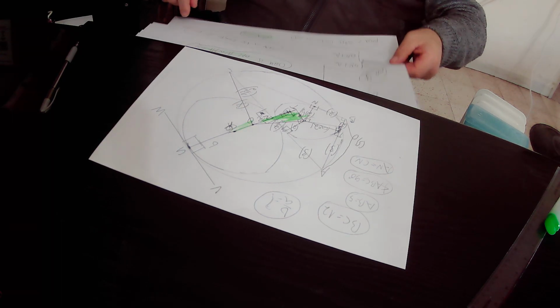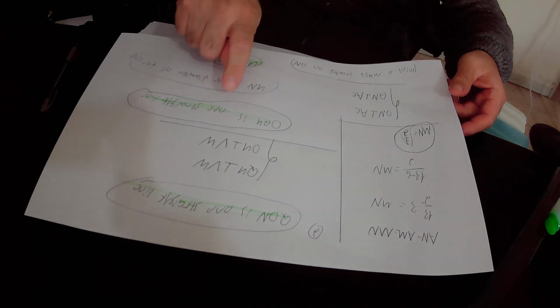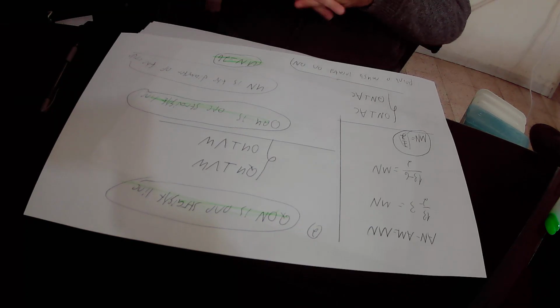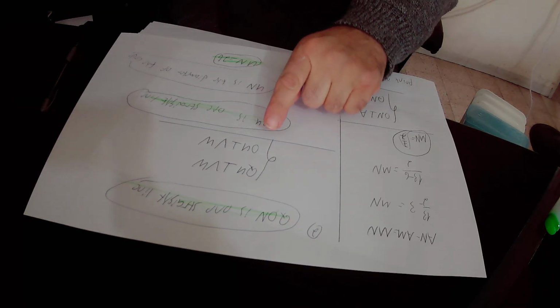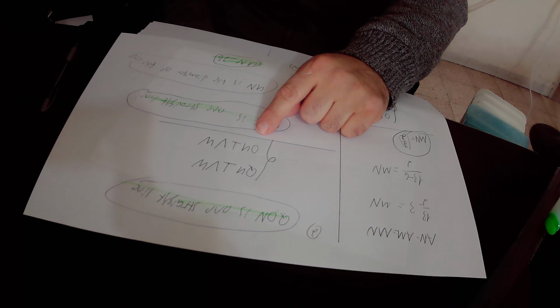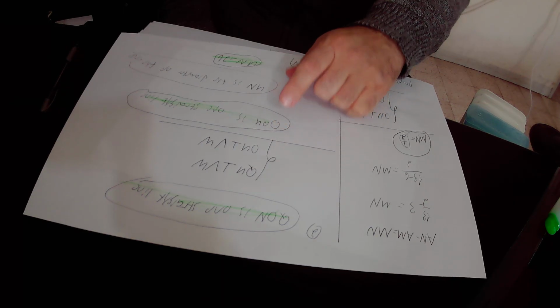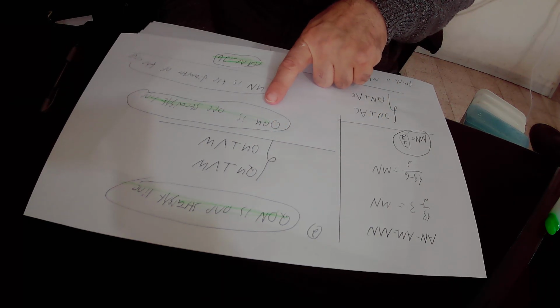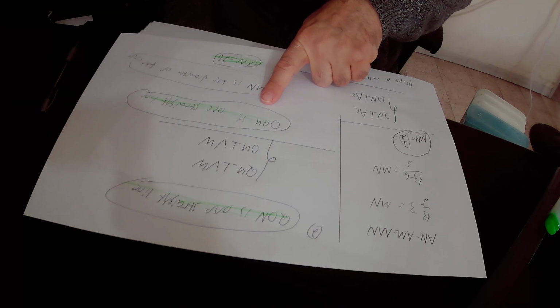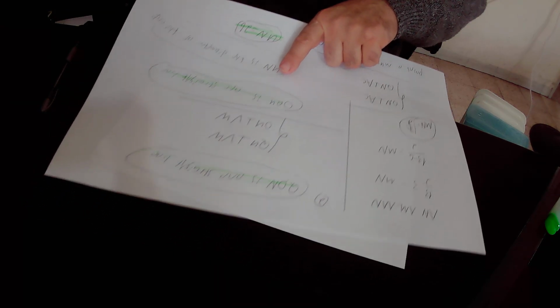So you can write here that OU is also perpendicular to VW, and from those two equations, QU is perpendicular to VW and OU is perpendicular to VW, we derive that all the 3 points O, Q, and U are on one straight line.